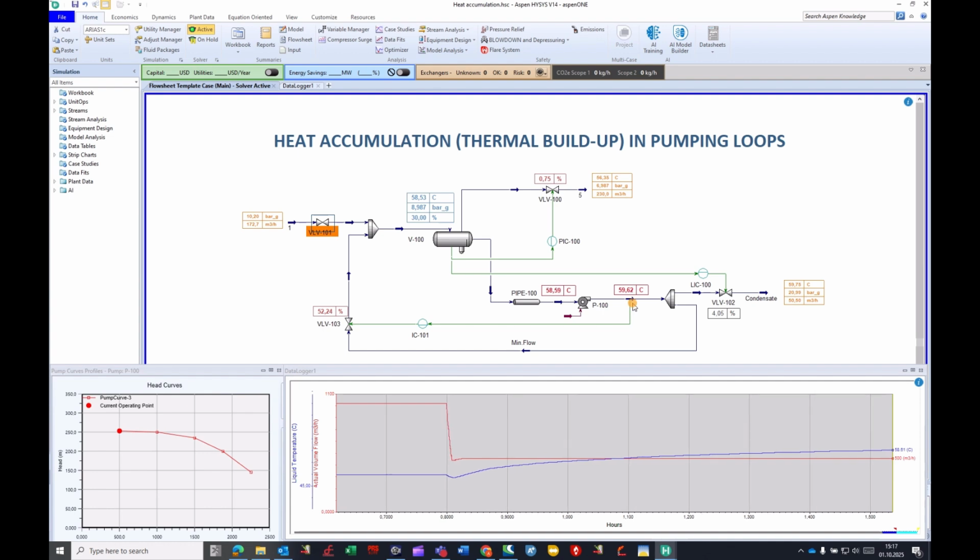Additionally, it's wise to have a temperature high alarm or temperature safety alarm or trip level in the discharge of the pump to protect the system in such scenarios, if the situation goes to extreme and the temperature approaches the design temperature of the system, especially the pump.